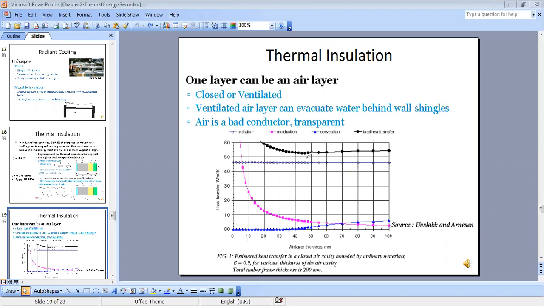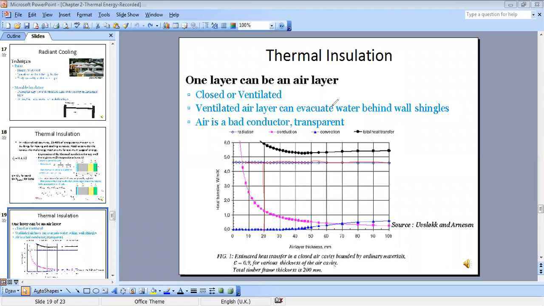Mainly radiation, especially here. After this point, the heat flux is mainly due to radiation. Because look here, if you do the summation, the highest one is radiation, then conduction, then convection. So if we can reduce radiation, it will be much easier to control the total heat transfer.